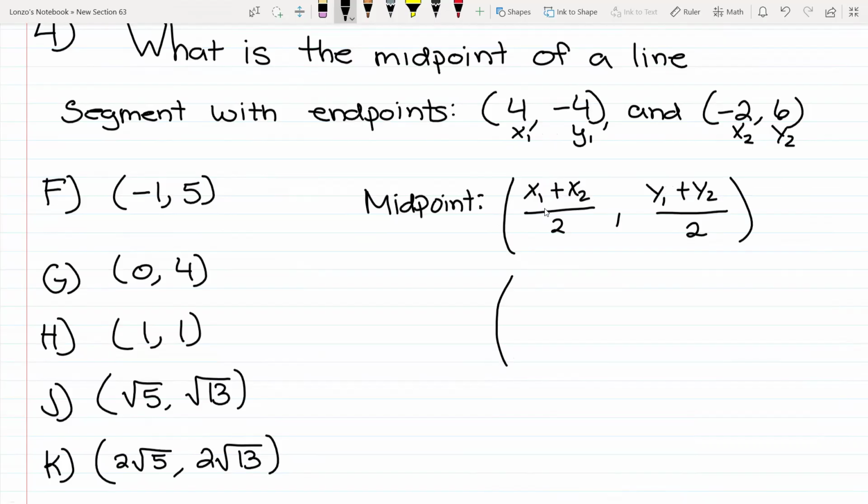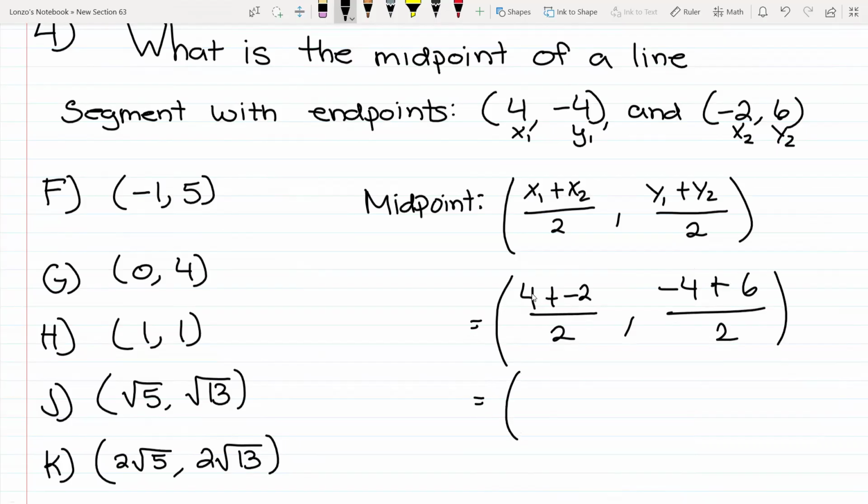So what's x1 plus x2? x1 is 4, plus my x2 is -2, over 2. And then do the y's, add up all the y's, so it's -4 plus 6, all over 2. And then clean this up. 4 minus 2 is 2, and then 2 over 2 is 1.